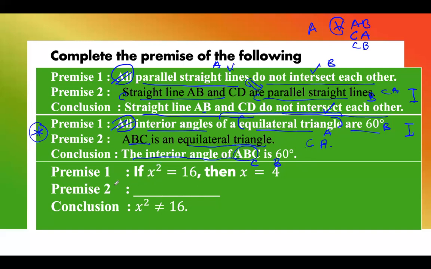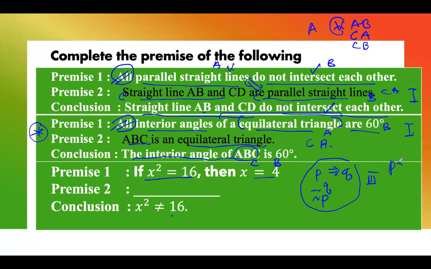Now we go to premise 1 and 2. Which form is this? If you don't remember which form, you look at this: if P, then Q, so P to Q. Here X not equal to 16, so it's not Q. So it's type 3.